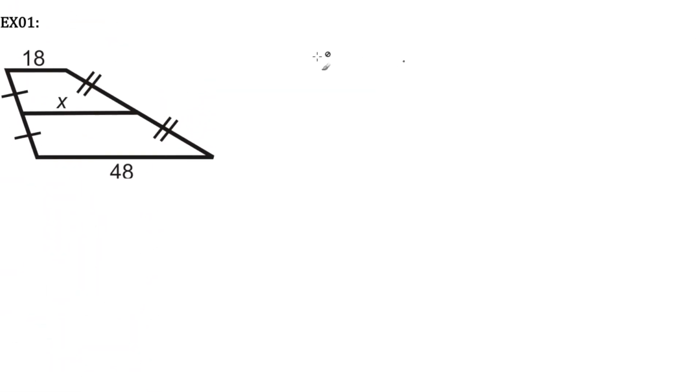So, example number 1. We want to figure out what x is. We can tell that this is a trapezoid, and this is a mid-segment right here, because it cuts both sides in half. These lengths are congruent, these lengths are congruent. So we have options.